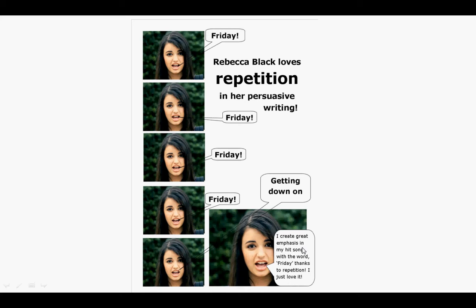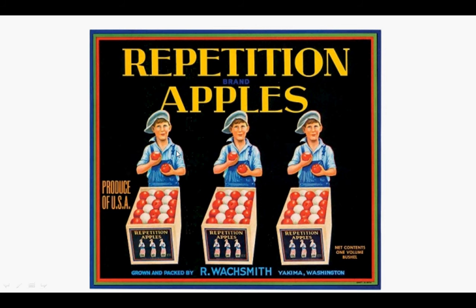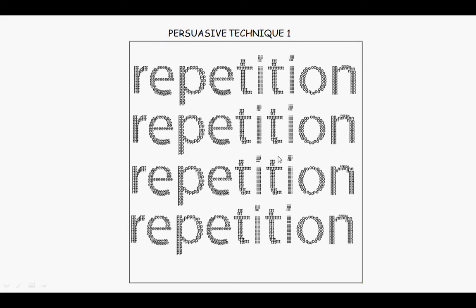Repetition can create great emphasis on a topic or a meaning. This is an advertisement, and as you can see, the word apples is repeated all over the advertisement. The photo of the apples and of the boy eating apples. This is also a way of persuasion in advertisement. Repetition is a powerful persuasive technique.